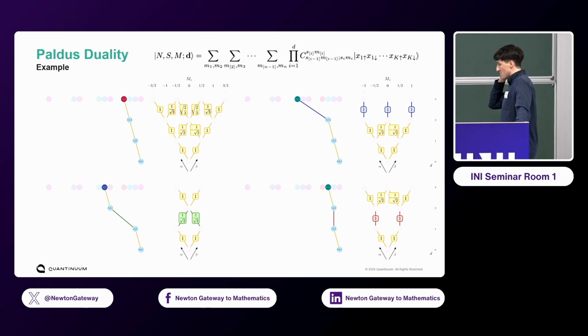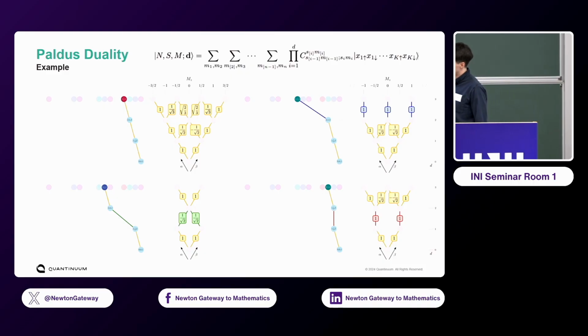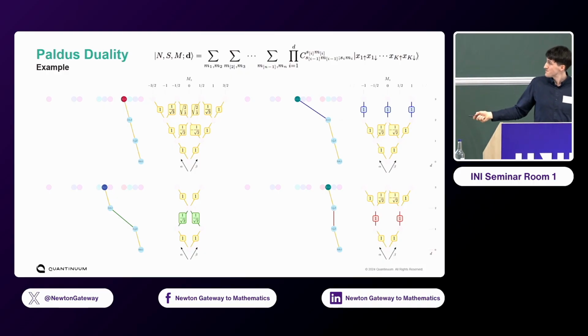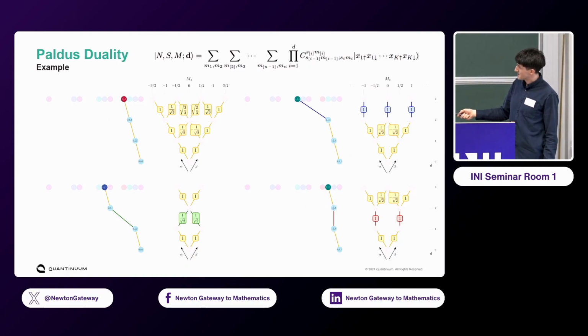Now, the aim of the game for a quantum algorithm is to do this in superposition, right? So we want to be able to, in superposition, take in a full fermionic wave function in the occupation number representation, and simultaneously branch along this graph and map it into this spin-adapted representation. Okay, so that's the game.